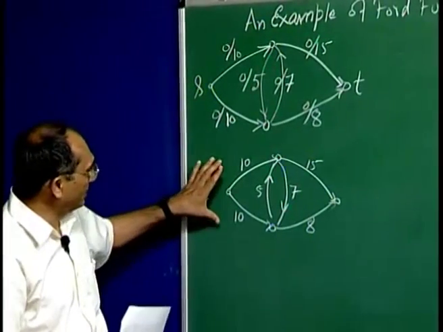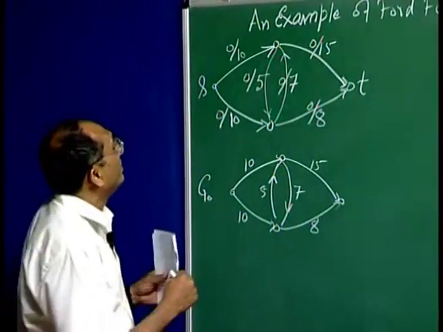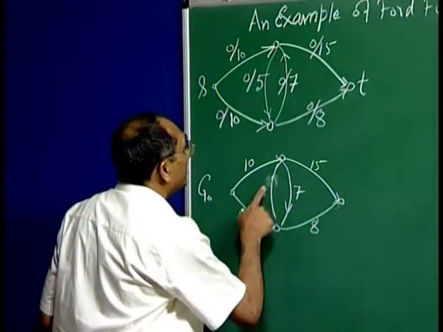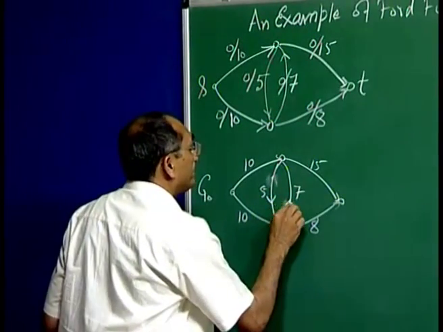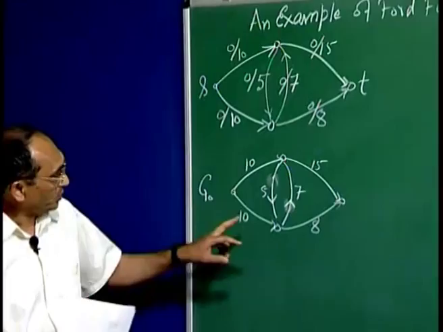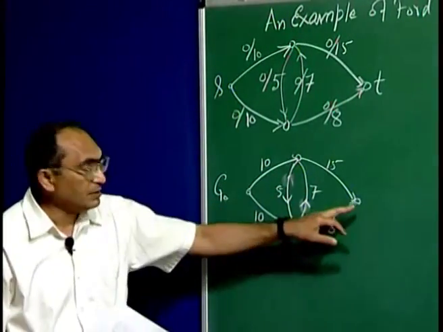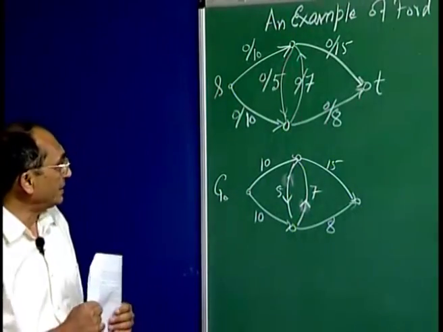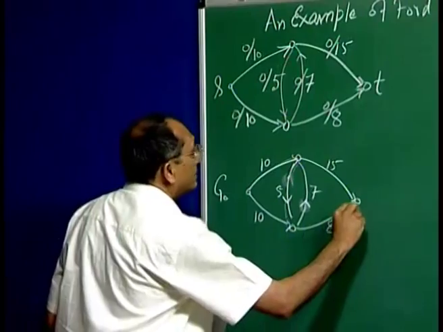Now in this graph, okay, my mistake, we have decided to put the direction as this. So in this we have to choose a directed path from source to the sink, and suppose we choose the path to be this.